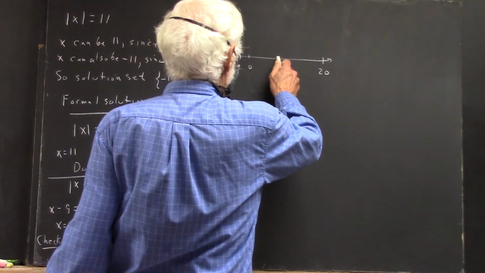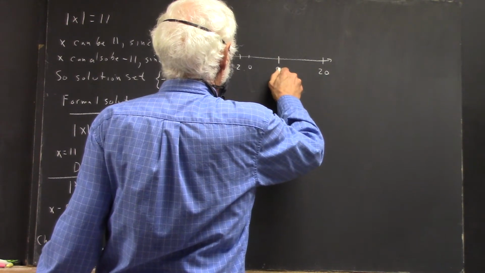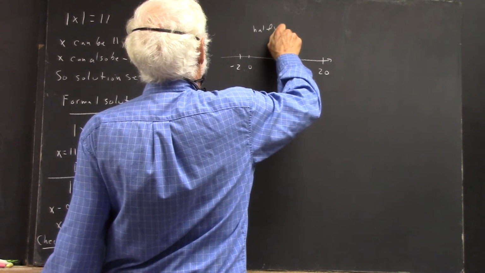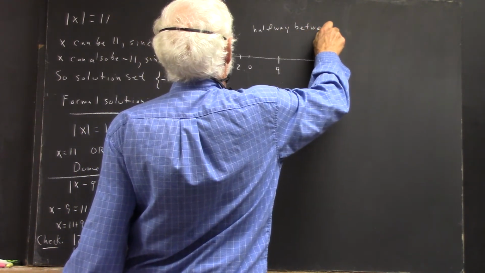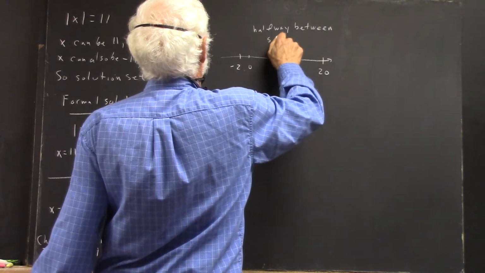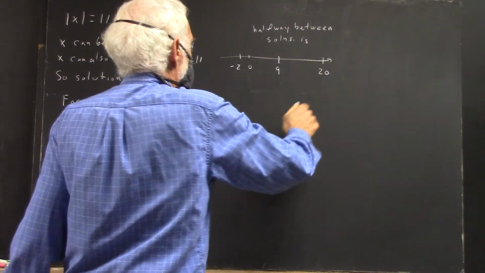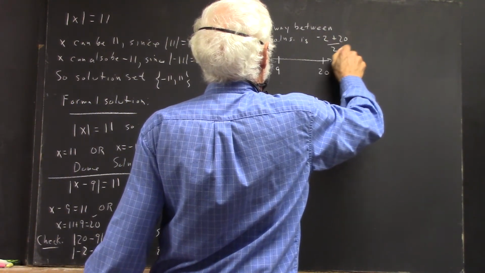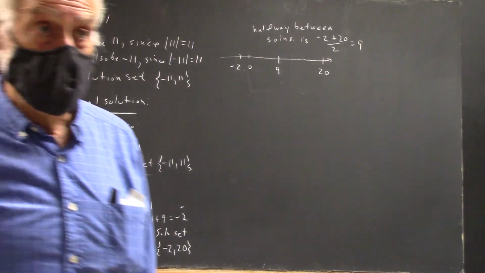So we get 9, which would be here, halfway between the solutions: negative 2 plus 20 over 2 equals 9, right?